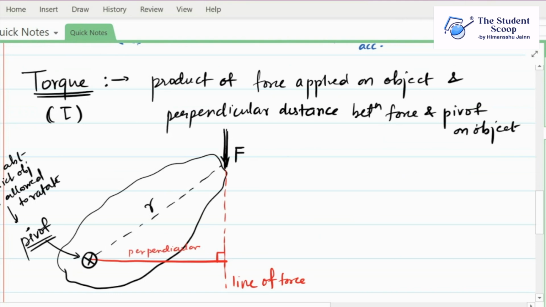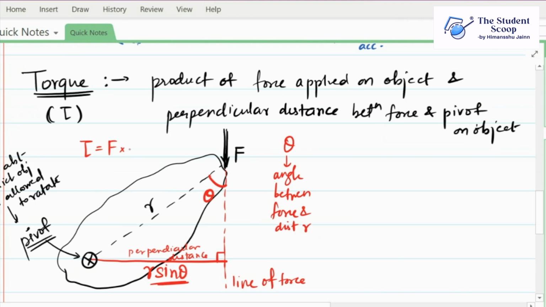It is not just any distance, it is a perpendicular distance. If theta is the angle between force and the distance r, then this becomes r sine theta. In this case, the torque becomes force times r sine theta.